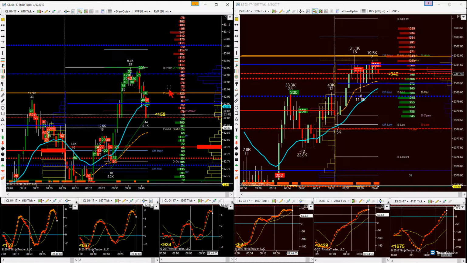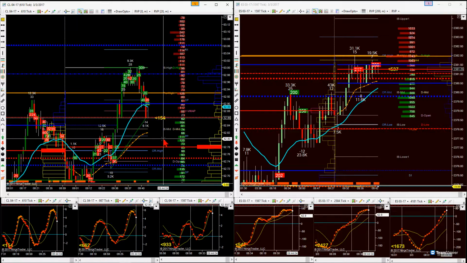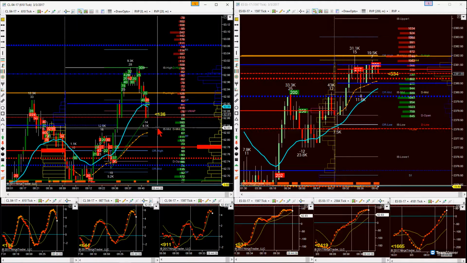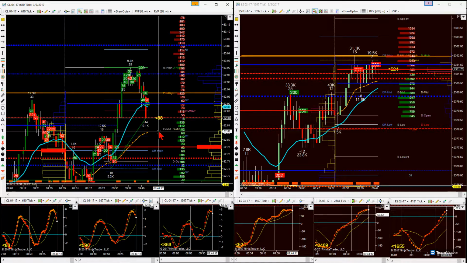If we were to make a push back up towards the high, we would no longer have our negative divergence, which is why I'm still looking for the potential opportunity to get a long here.